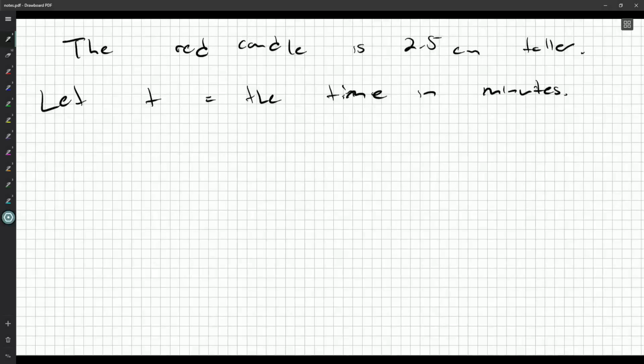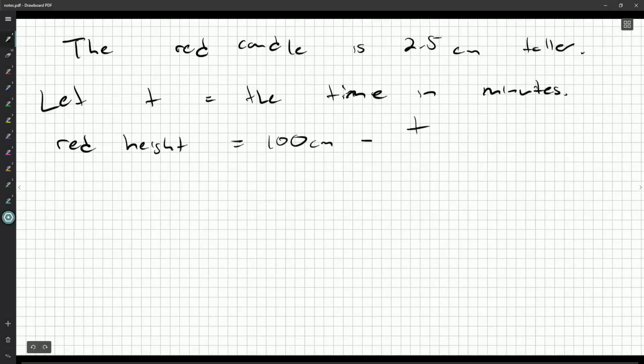So red height is 100 centimeters minus the time it takes divided by 6 minutes per centimeter. I probably should have done 100 centimeters over 600 minutes, but I was not thinking clearly when I initially wrote these, but that's okay. So 100 minus T over 6 is what we've got here.